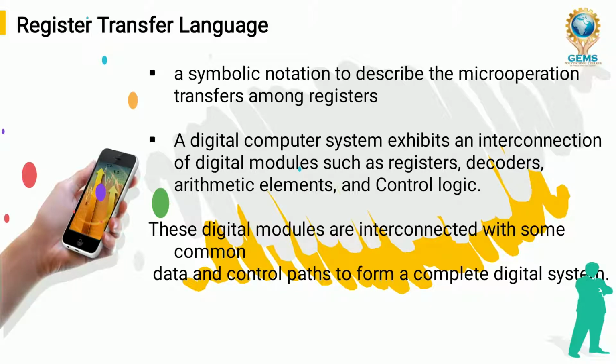What is register transfer language? Register transfer language is nothing but symbolic notation used to describe the micro operations transferred among registers. I want to explain this, then you will come to know what a register transfer language is.